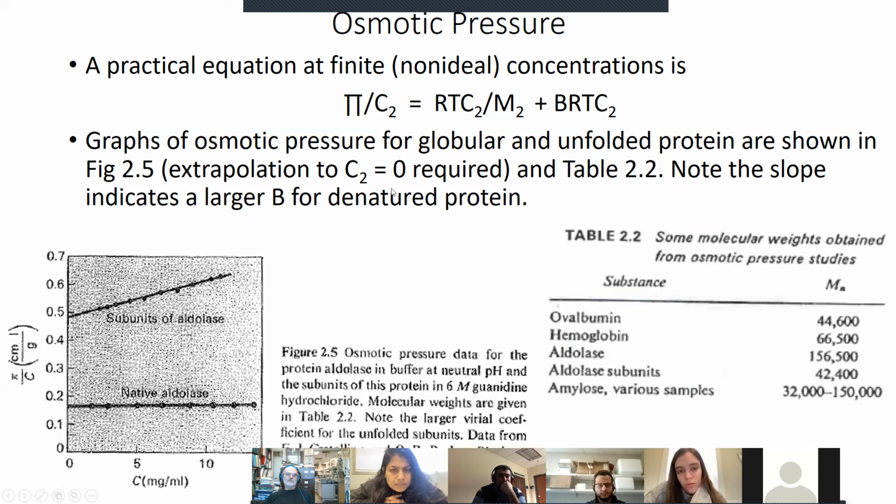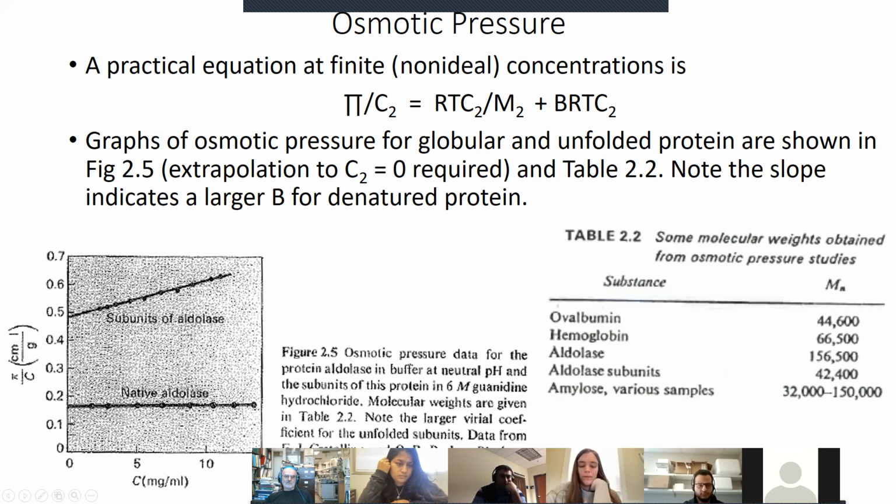So the intercept gives you the molecular weight. The slope gives you information about the virial coefficient. In this particular example, this is native aldolase and denatured aldolase. It's denatured in 6 molar guanidine down here. So it's 1 over the molecular weight.